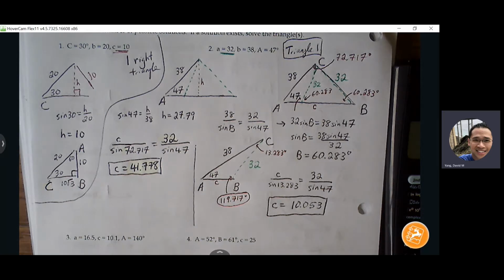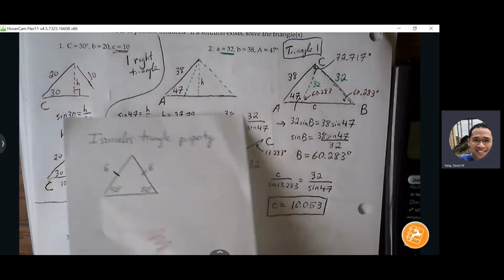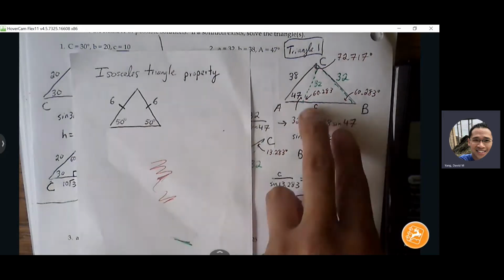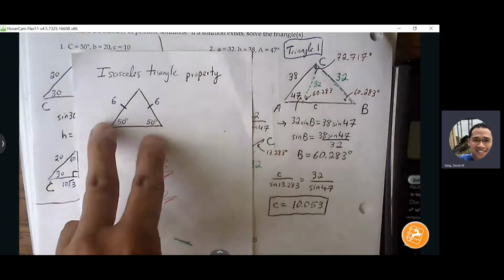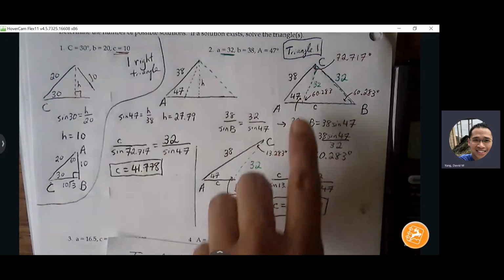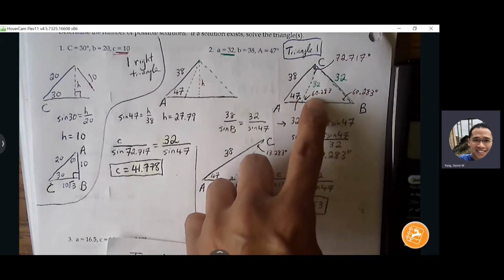So are you okay with this 60.283? Yes. Okay. Now, this angle is going to be the same as this angle here, because we kind of created an isosceles triangle. So if this imaginary triangle has 60.283, yes.